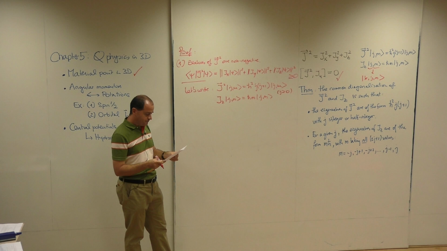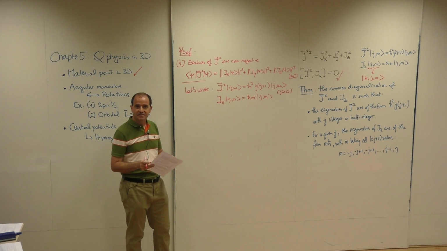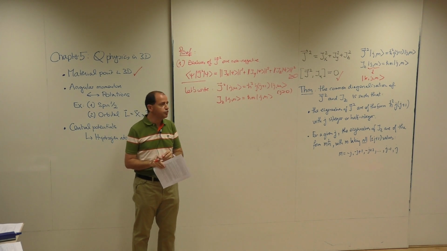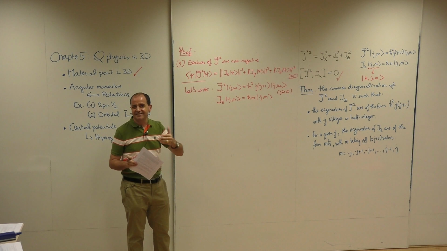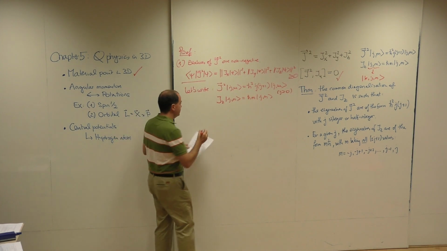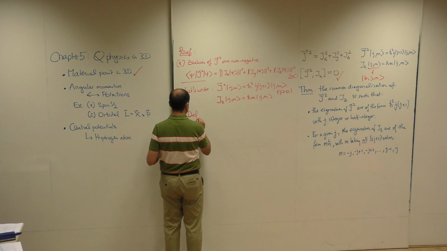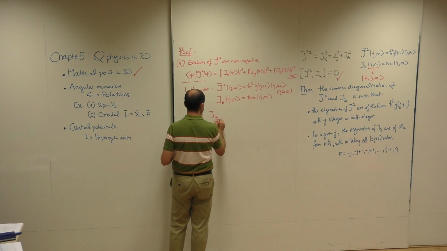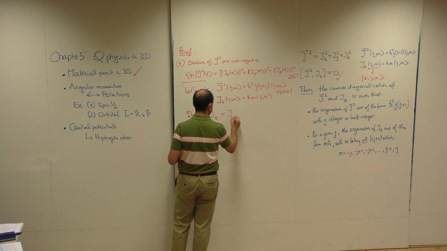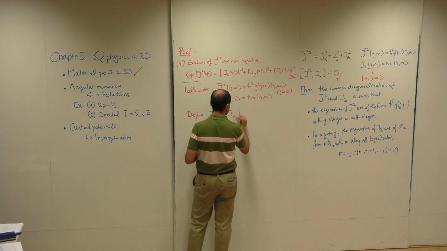Okay, so what do we do? Well, just as we did for the harmonic oscillator, we need to introduce something like creation and deletion operators. They were not exactly that, but something similar. So let me define J plus and J minus as the following non-adjoint operators.